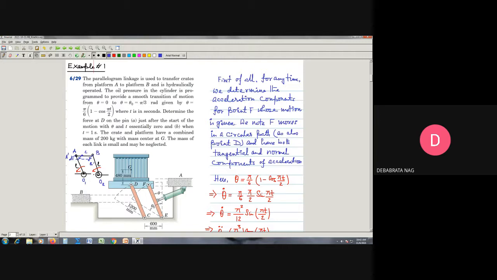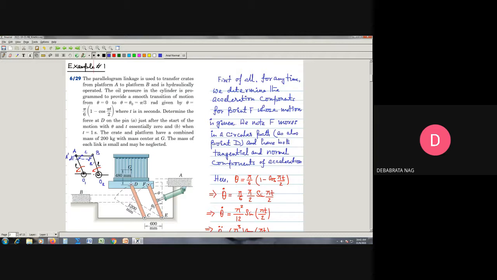The basic objective of this parallelogram linkage is that there are two cranks which are equal in length, 1200 millimeter. They are rotating about the fixed points C and E, which are 600 millimeter apart from each other.